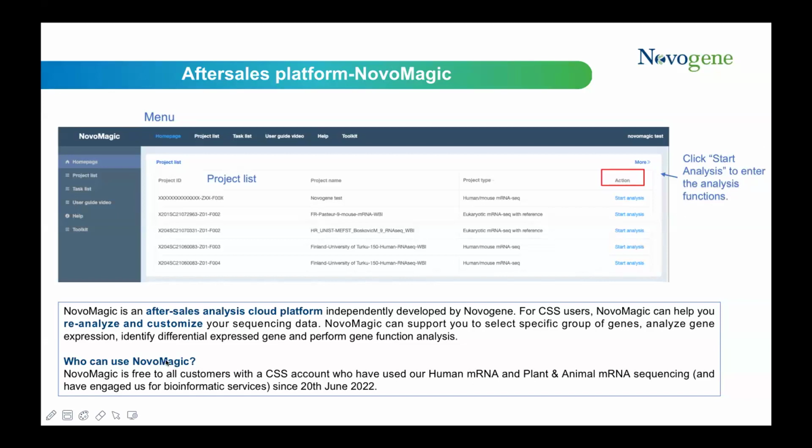So who can use Novogene's? All the customers using Novogene sequencing service can use Novogene's. But until now, for the Novogene's reanalysis part, we only support human mRNA-seq or plant and animal mRNA-seq. In the future, we can use Novogene's for more analysis on different applications.